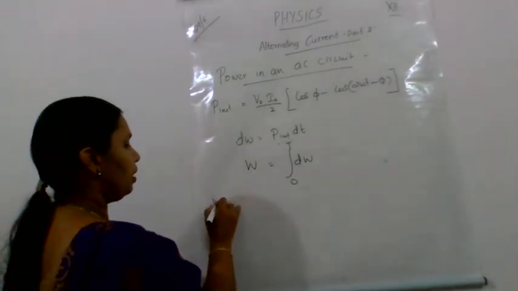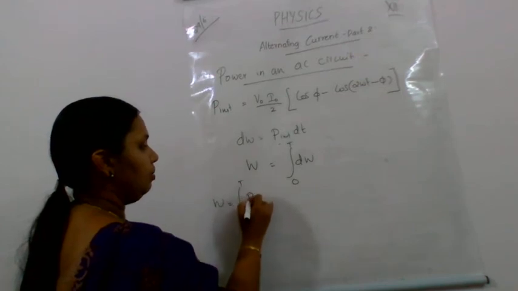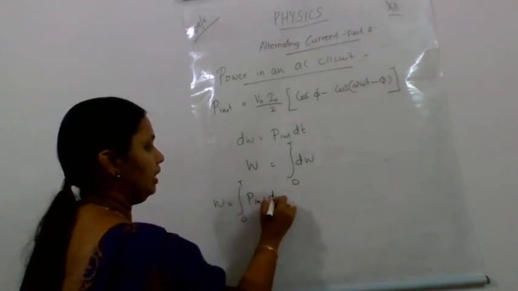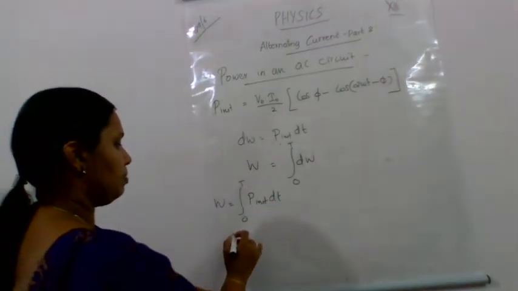So how can you do that? Integral 0 to T of P instantaneous dt. And P instantaneous we know, so we can substitute it.